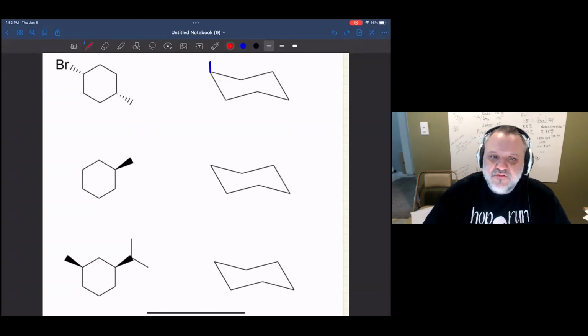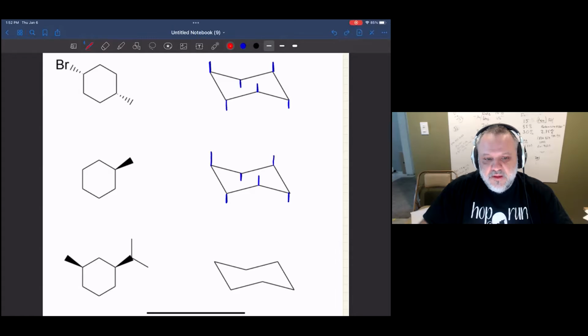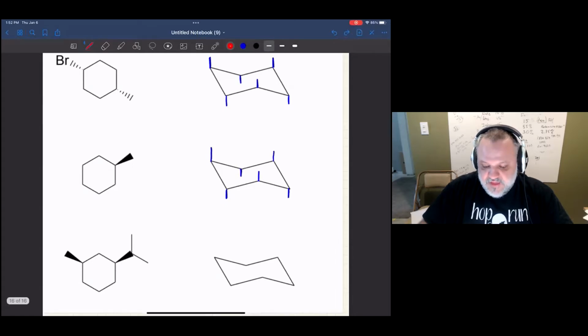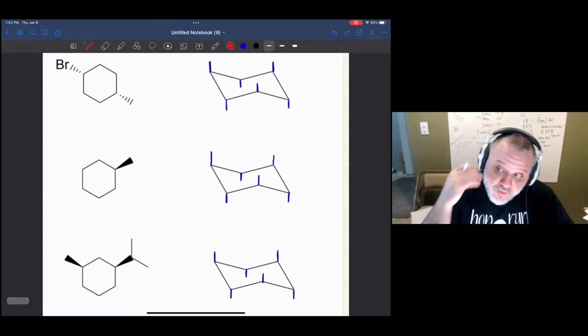Then I go around the circle and I draw an alternating set of bonds. So that was up, down, up, down, up, down. Let's do that with the rest of them. Up, down, up, down, up, down. Now what we want to do is draw the equatorial bonds.